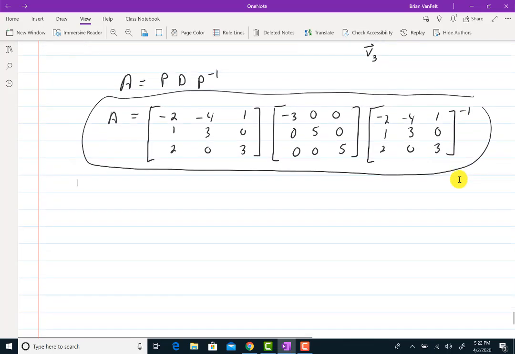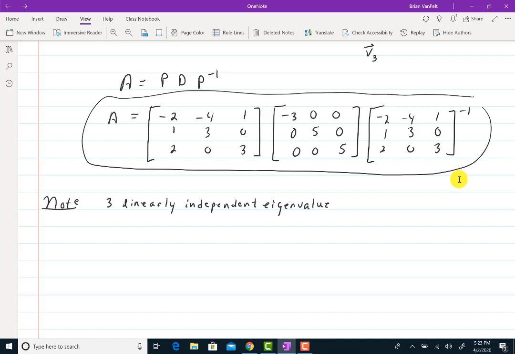Now, notice also this. I said we needed 3 eigenvectors completely. And so we had 3 linearly independent eigenvectors.